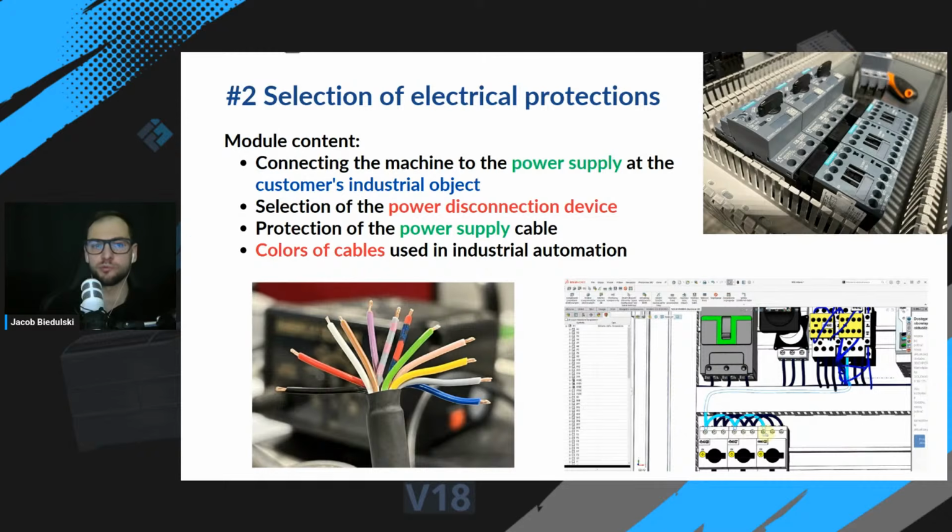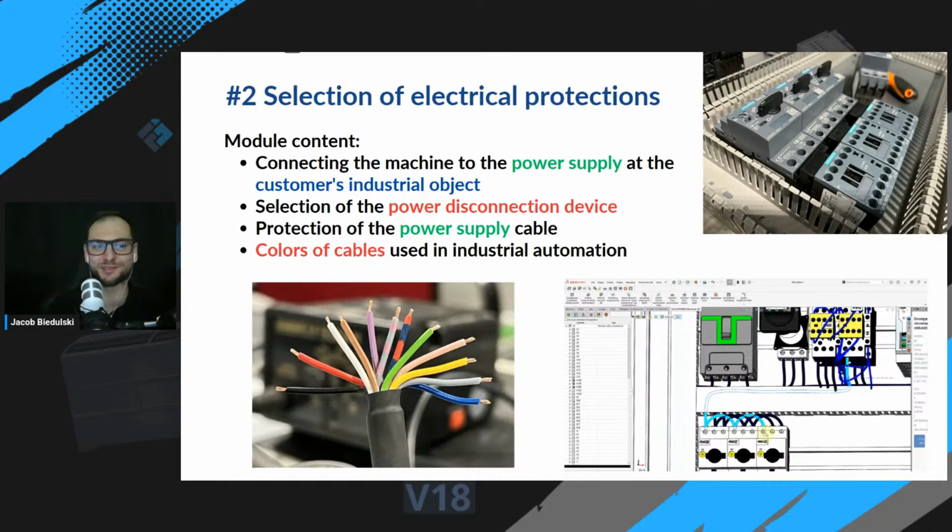The first step will be to select electrical protection devices. We'll connect our machine to the power supply, and you will know which are the requirements on the customer's side and you as the manufacturer of the machine. You will also select the power disconnecting device, the protection of the power supply cable, and we'll talk a lot about colors of cables used in industrial automation.